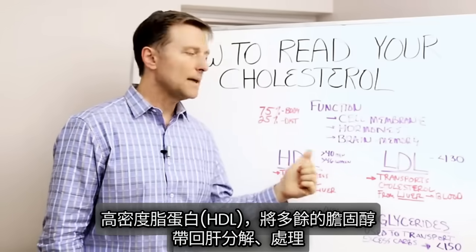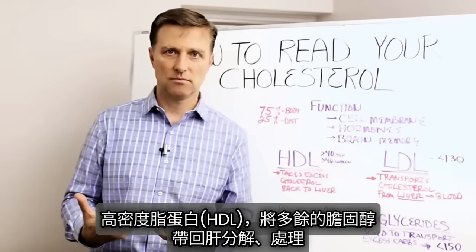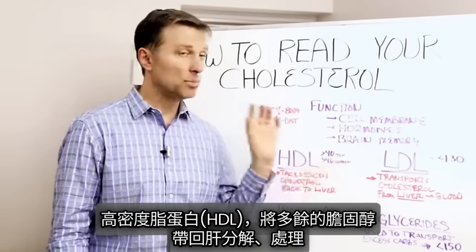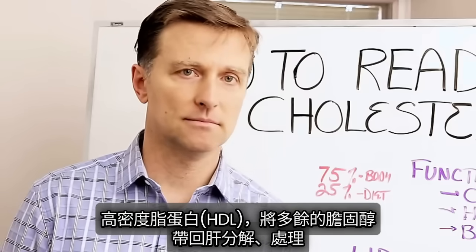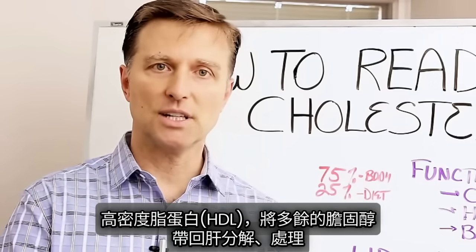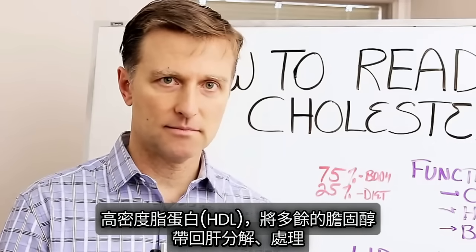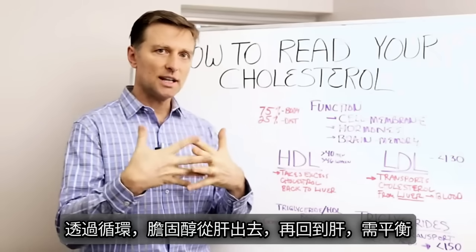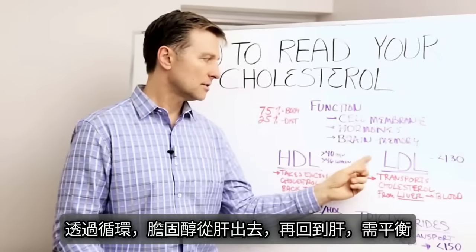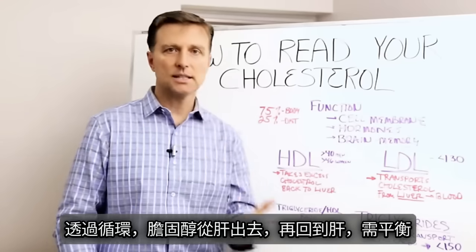Now HDL takes the excess cholesterol that the LDL put in there and removes it and brings it back to the liver. And then the liver can actually dismantle it and take care of it. So basically we have this exchange between cholesterol coming out of the liver, right here, and cholesterol going into the liver.